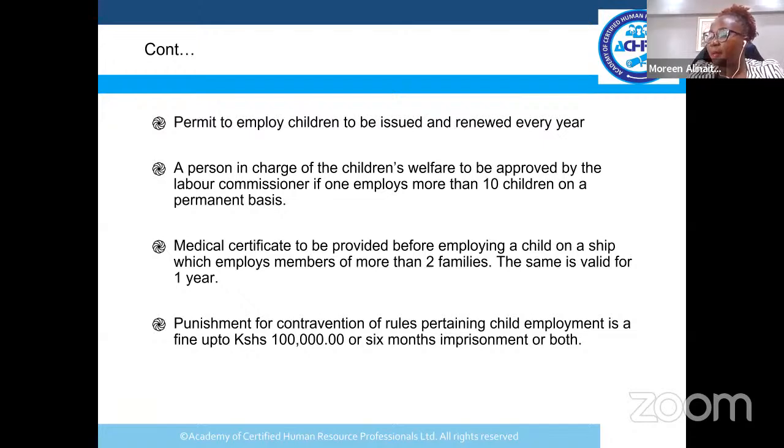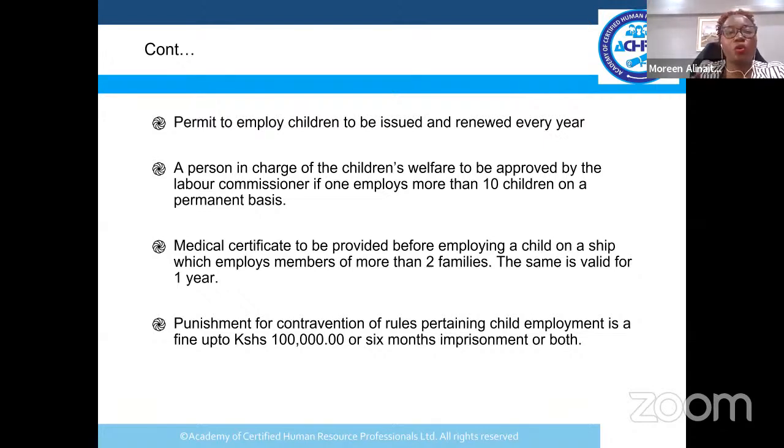No person shall employ a child in a ship, other than a ship upon which only members of one family are employed, without the production of a medical certificate attesting to the fitness of the child for such work, signed by a registered medical practitioner.